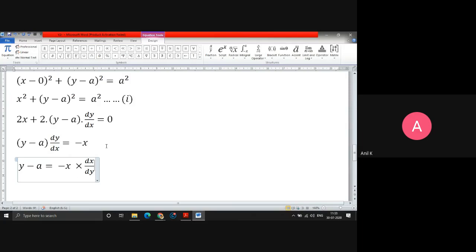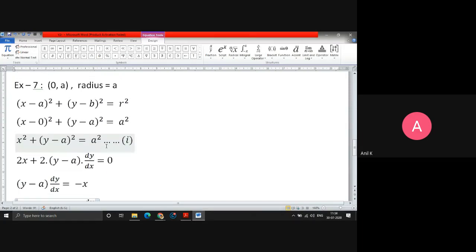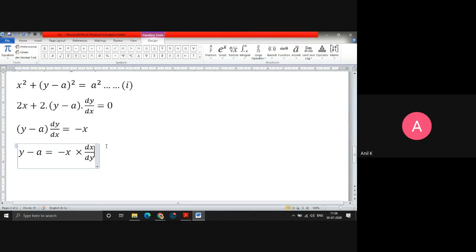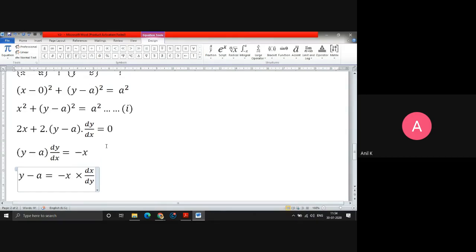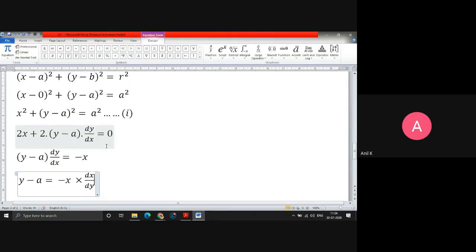But still my a value is not going to be eliminated, right? Just hold on, let us check where we can substitute. If I substitute y minus a here, still your a will be left out.